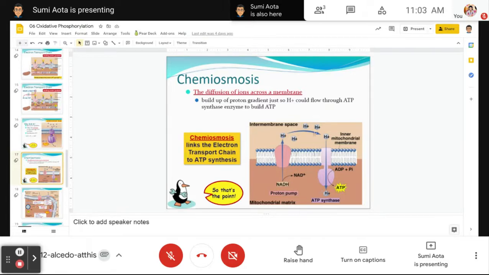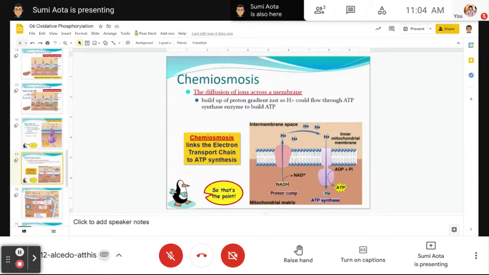The only way the hydrogens can get through this lipid bilayer is by passing through this enzyme, ATP synthase. Every time hydrogen passes through this enzyme, the enzyme will grab an ADP and phosphate and turn it into ATP. That's phosphorylation. Okay?